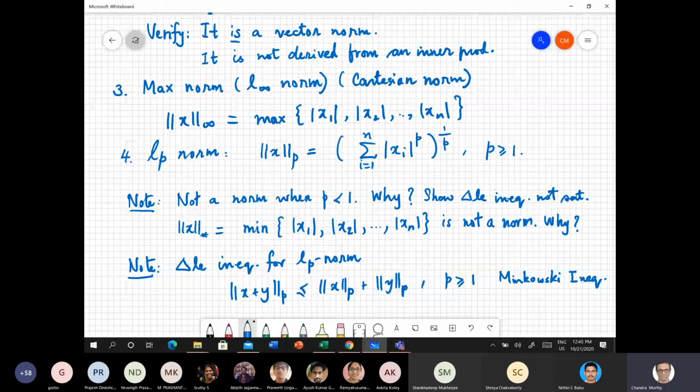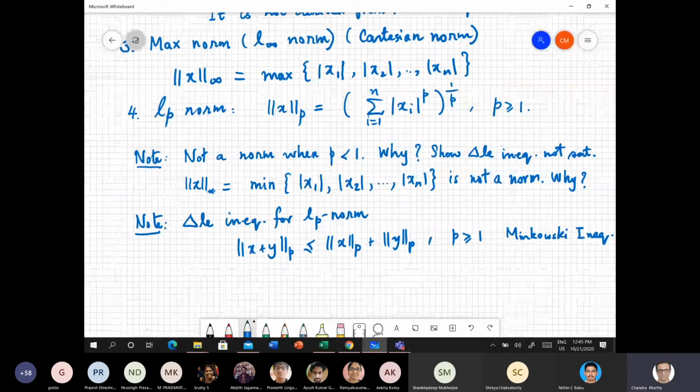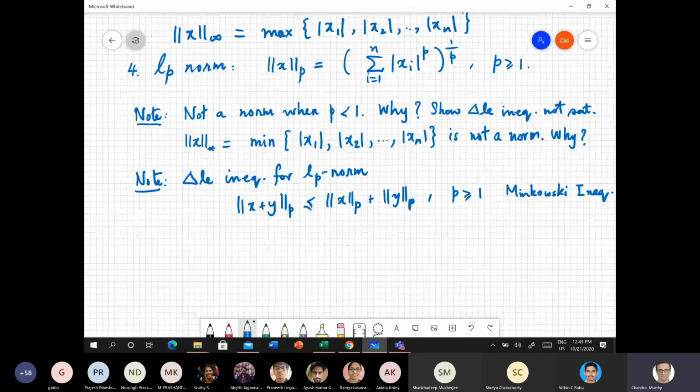Now, to get a feel for how these norms look, one can look at a two-dimensional space and ask what is the locus of points that have a fixed norm.